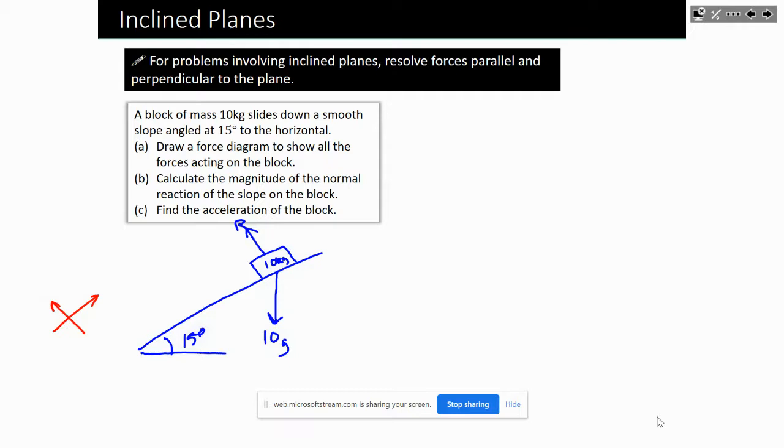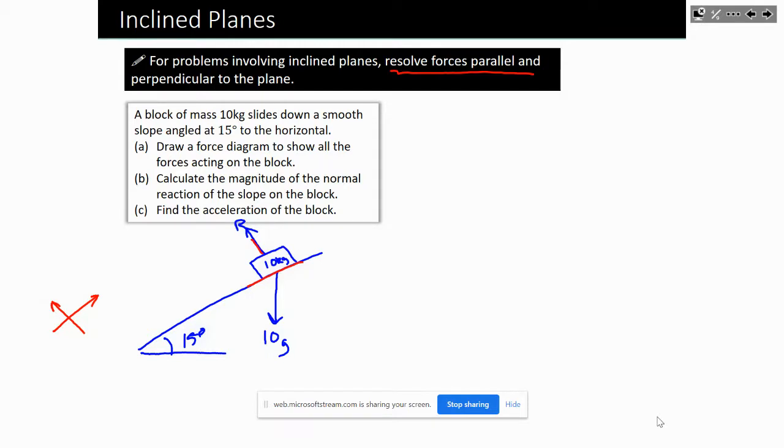The reason we can use horizontal and vertical is because they're perpendicular to each other. When we're on a slope, we can use forces in the direction of our plane or in the direction of our reaction force. So we're going to resolve forces parallel and perpendicular to the plane itself. So reaction force is up like that, and we resolve forces in those directions.